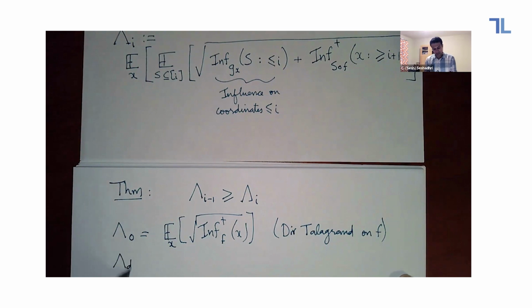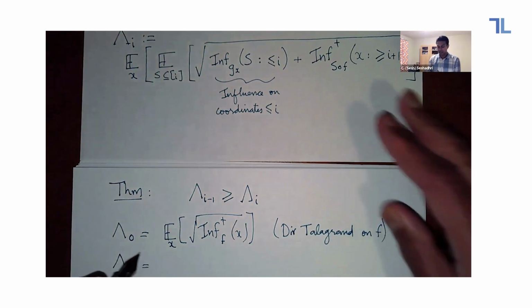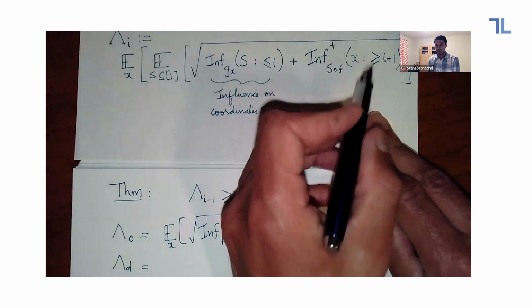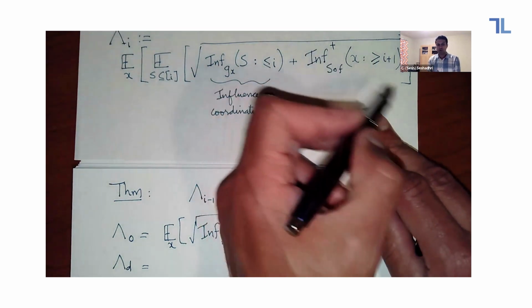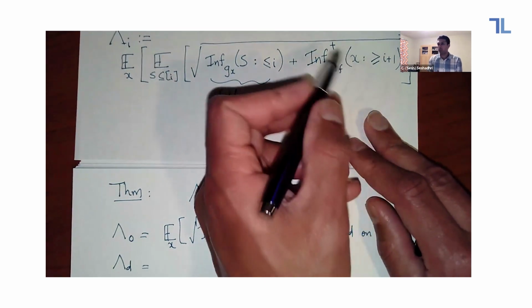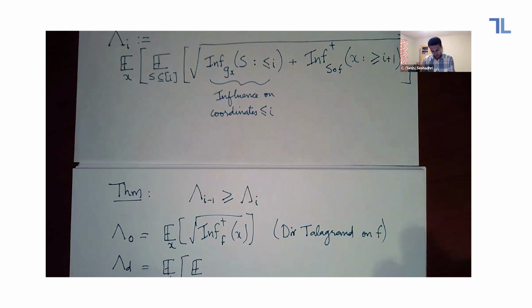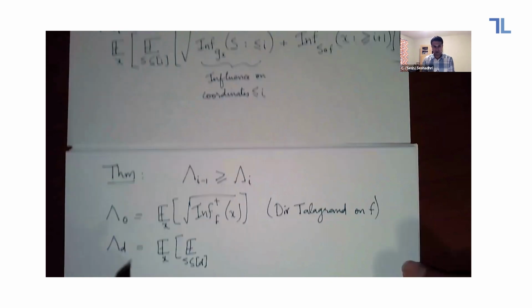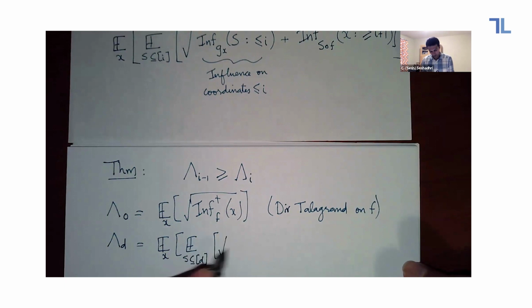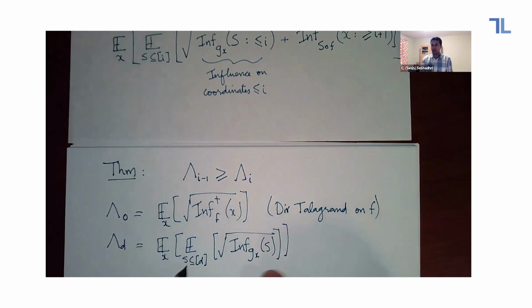When you look at this at d, unsurprisingly, the second term disappears. There's nothing there. You're looking at everything over here, and all possible subsets. So you're looking at the expectation over x, and over S, a subset of all coordinates, of the square root of just the standard vanilla influence on S. This is the undirected influence on that tracker function.